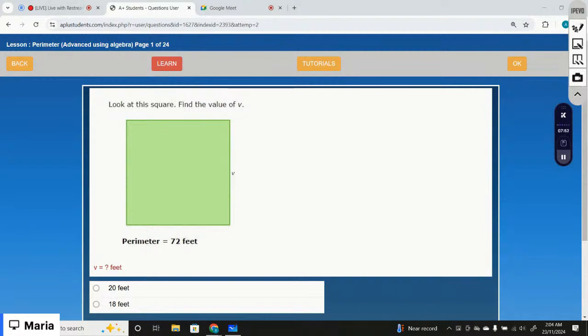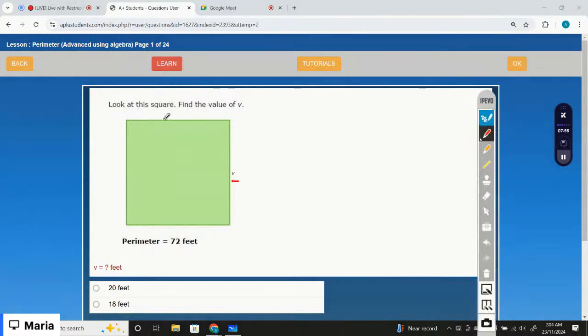So if one of the sides is v, the rest of the three sides are also v. So that is v plus v plus v plus v, and their sum equals 72. So 4v equals 72. You need to calculate the value of v only.